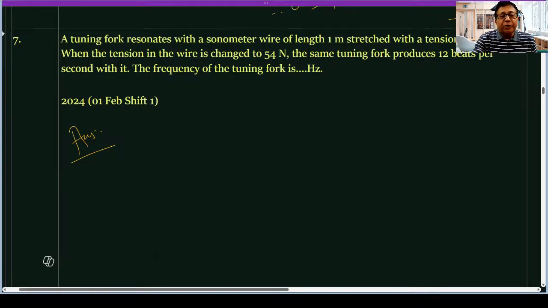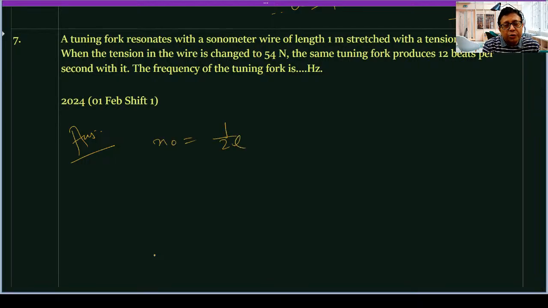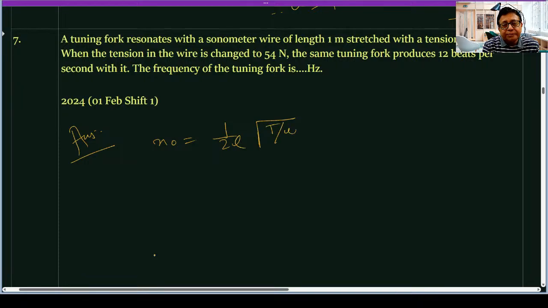You know the formula for frequency of fundamental tone in sonometer wire? 1 by 2L root T by mu. Isn't it? Understood? Length remains the same, only tension is changing.